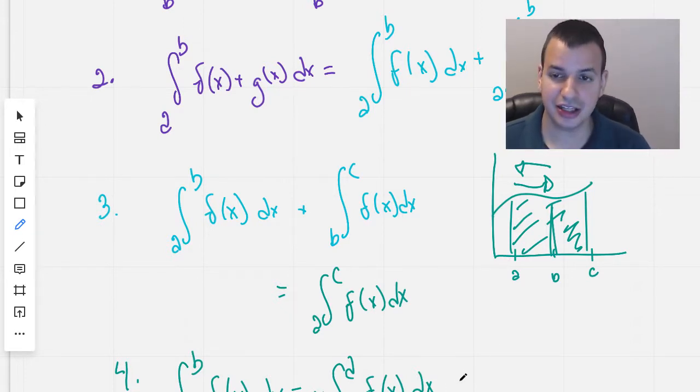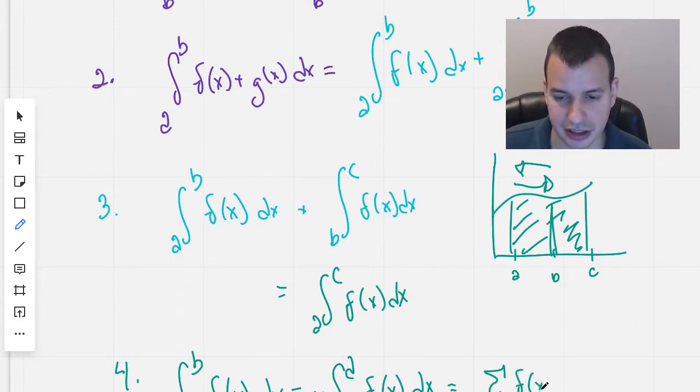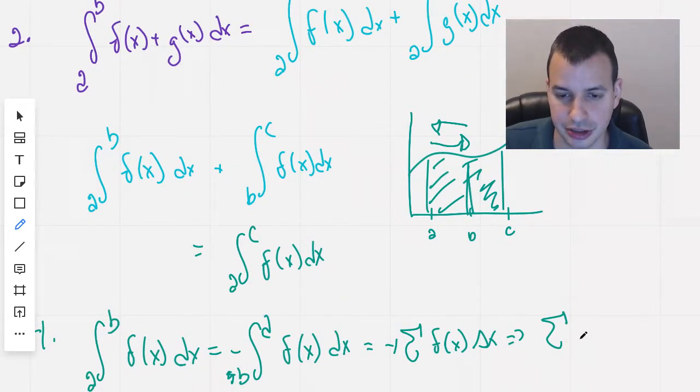The way I like to think of this is you can be like, okay, this is basically just a summation of f of x times delta x. And this negative is just negative 1. And so what you're kind of doing is taking this summation, f of x times negative delta x.